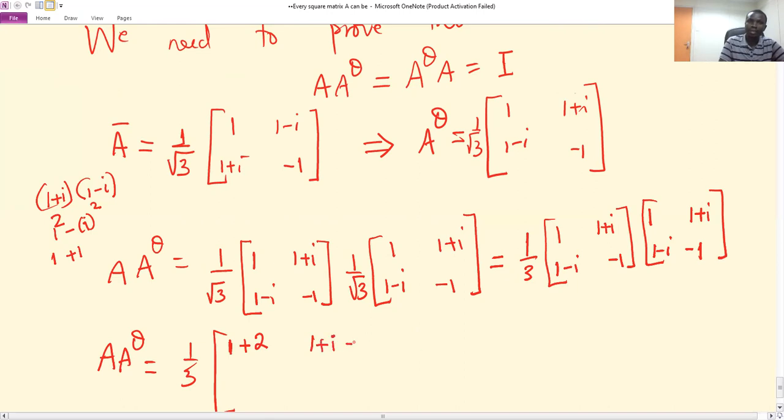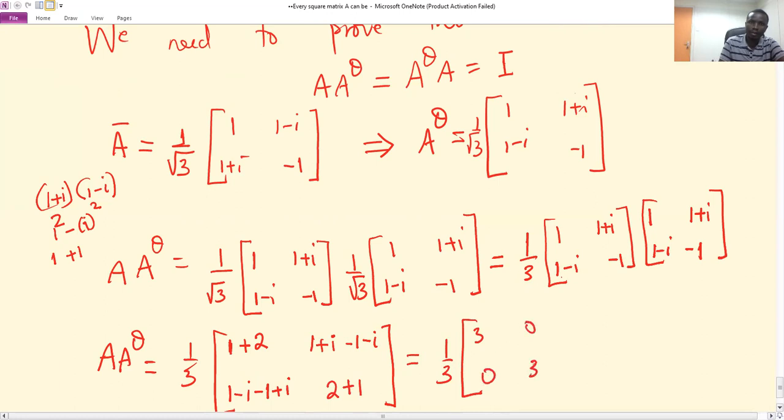This times this will give us -1 i. This by this will give us 1 minus i. This by this will be -1 plus i. This by this, a difference of 2 squares, so still gives us 2. This by this is +1. So this will be a third into 3, and then 0, 0, 3, and this is 1, 0, 0, 1.